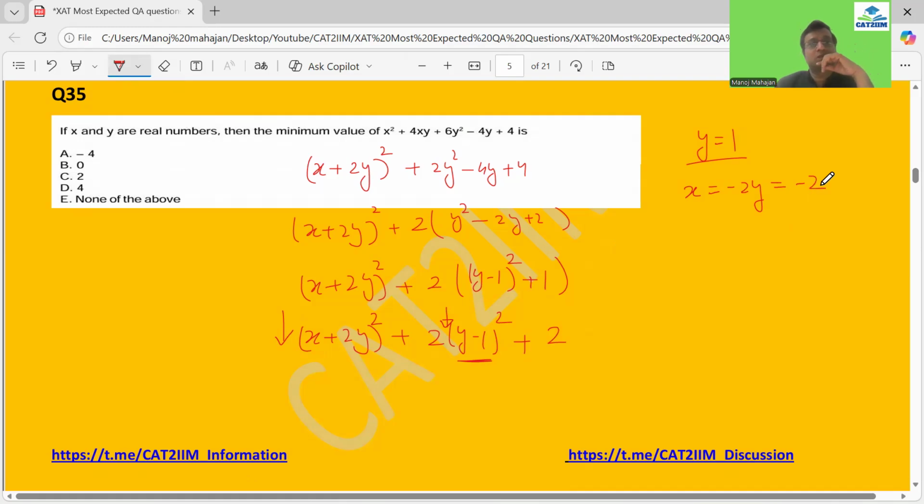So the solution at which you get the minimum value is x as minus 2 and y as 1, not like a lot of students who straight away put x and y as 0, right? So when you put x as minus 2 and y as 1, this part would be nothing but 0. This will also be twice multiplied with 0. So we are left with a constant 2 out here. So the minimum value of this expression should be option C.